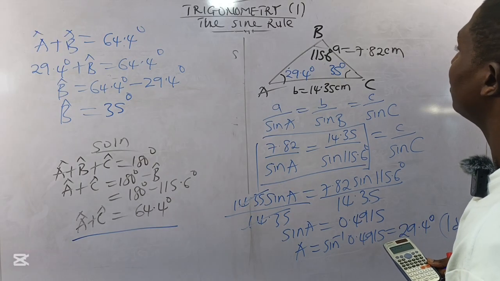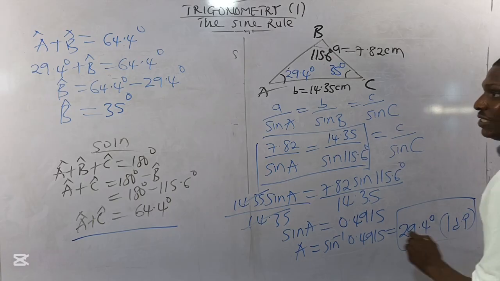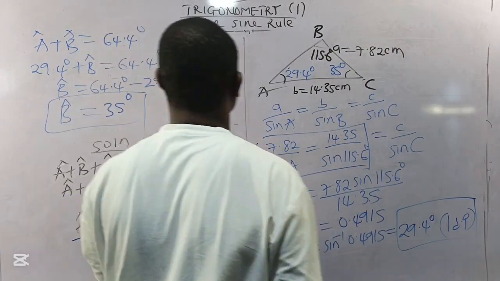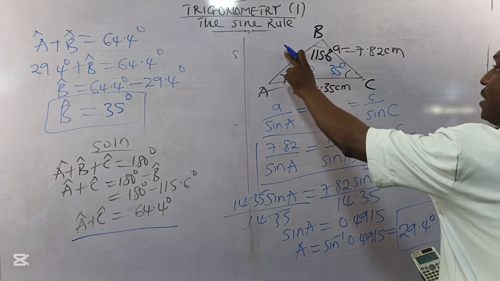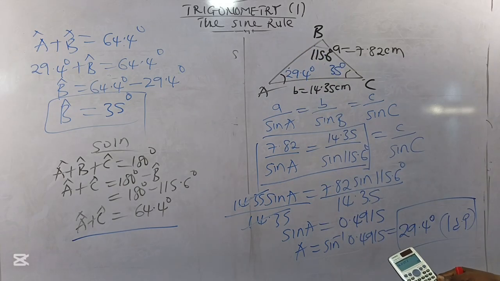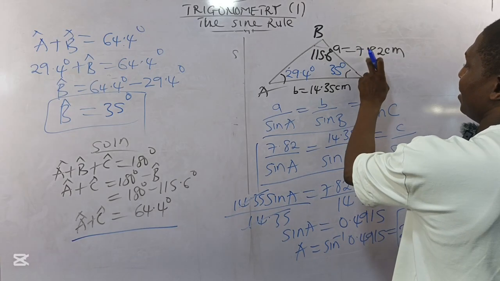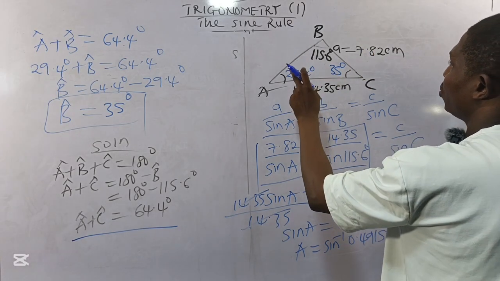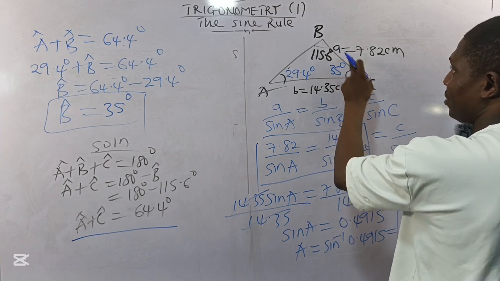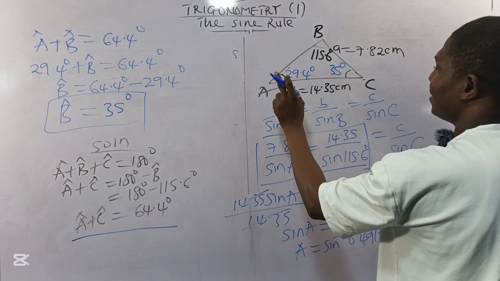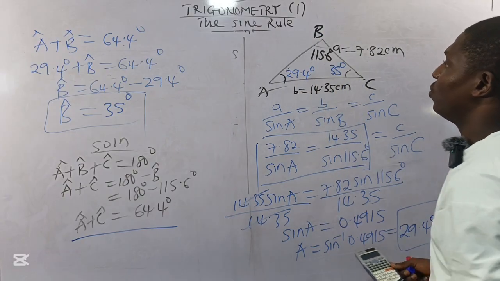Now I've solved for the 2 values asked for, which are this and also this. If I was asked to look for my C, certainly my C will be greater than A, but less than B. My C will be greater than this side BC, which is A, and less than my side AC, because it's less than this angle but greater than this angle.